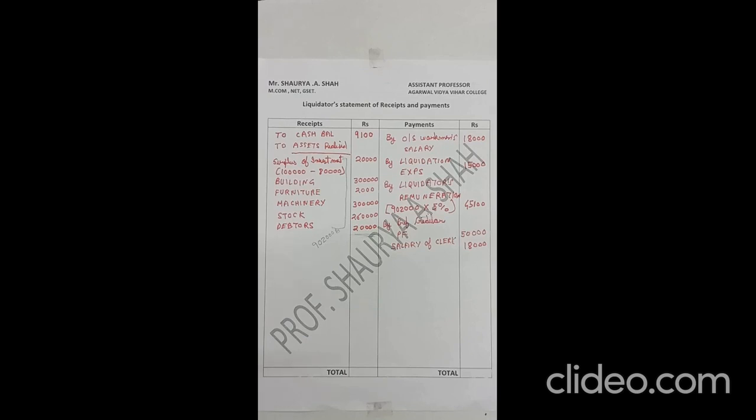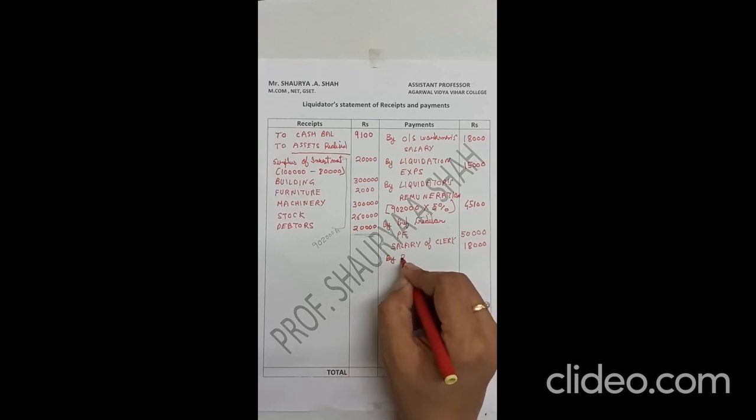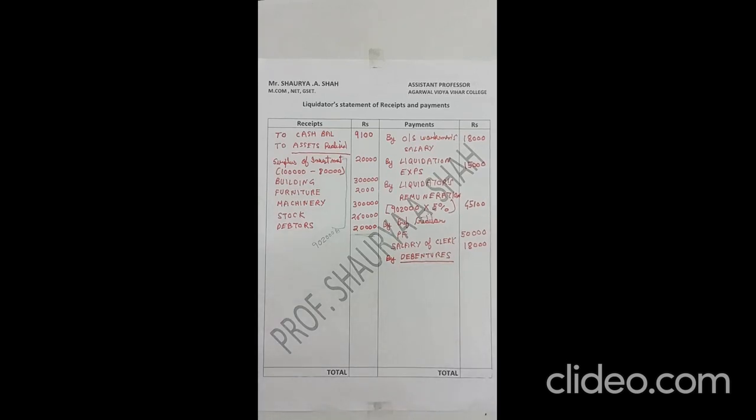Now after paying the preferential creditors, the next thing that comes in the format is by debentures, or the securities having floating charge. So what you will write down is by debentures. Now in debentures you have 3 things, students. If you see the sum very carefully, the very first thing is your debentures itself.